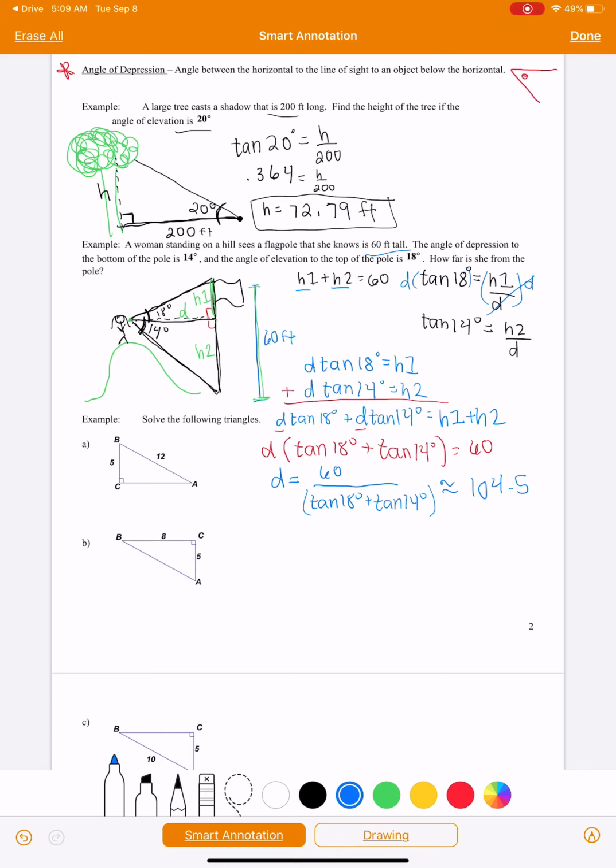And we are working in feet here. And so we have our final answer.